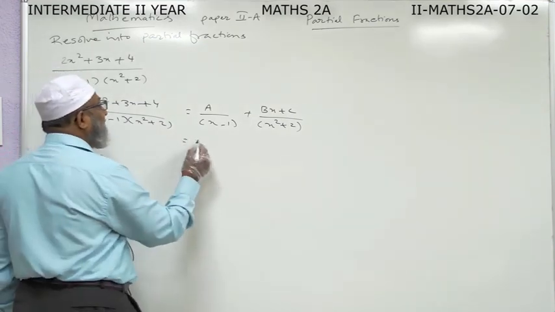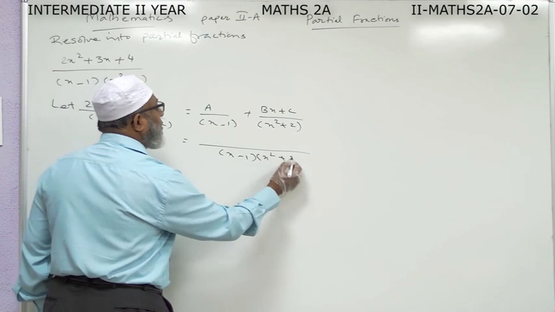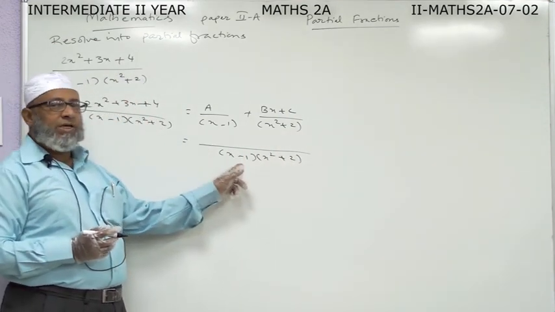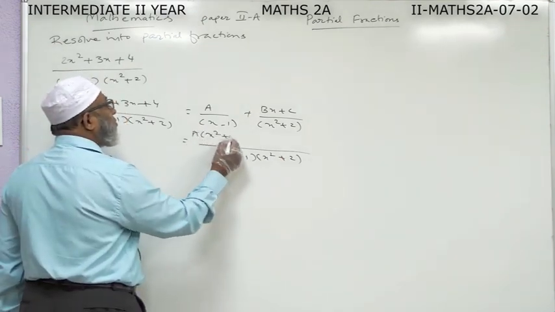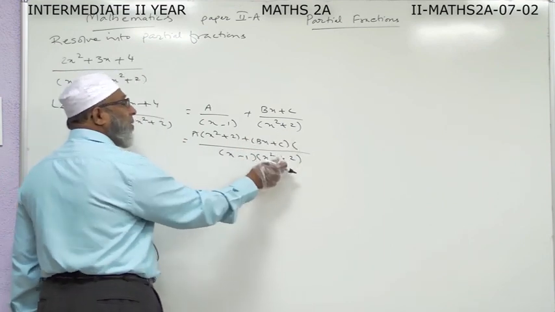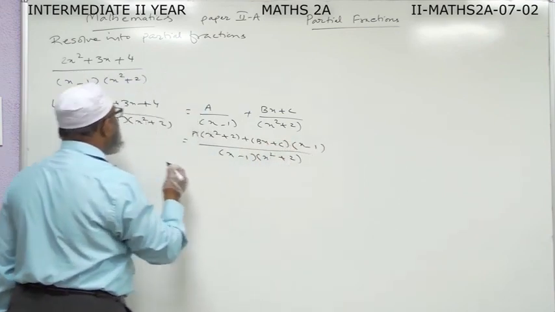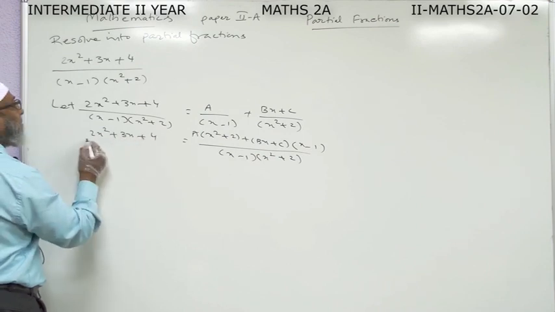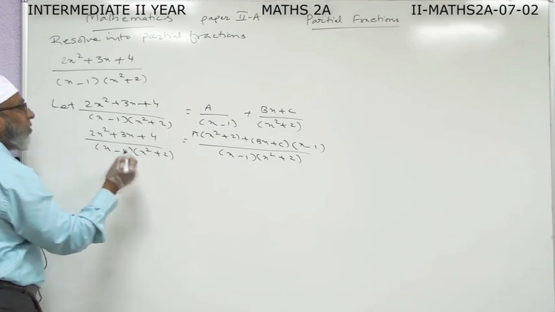Now, if I take the LCM, what happened? It is (x − 1)(x² + 2). On dividing, x − 1 will cancel, what remains is x² + 2, so this is A(x² + 2) plus (Bx + C). This part will be cancelled, the remaining one is x − 1, which remains as it is, over the left side 2x² + 3x + 4 divided by (x − 1)(x² + 2).